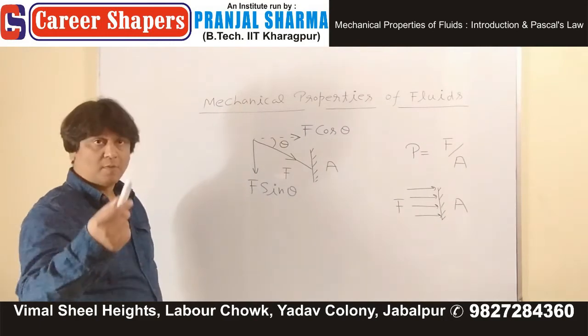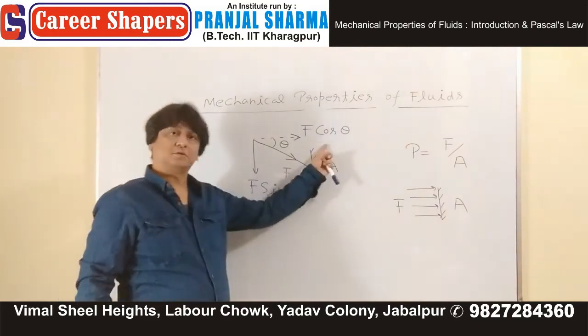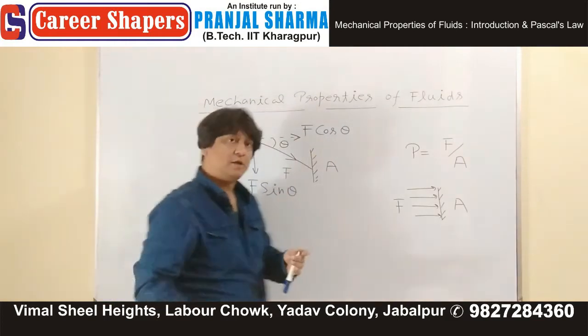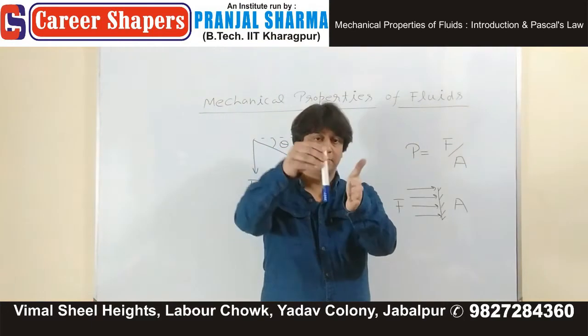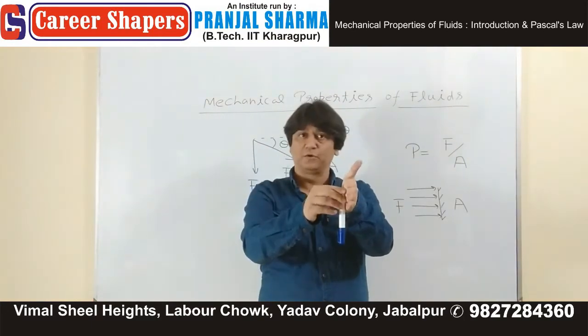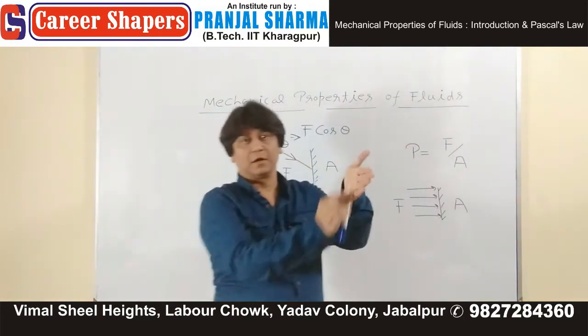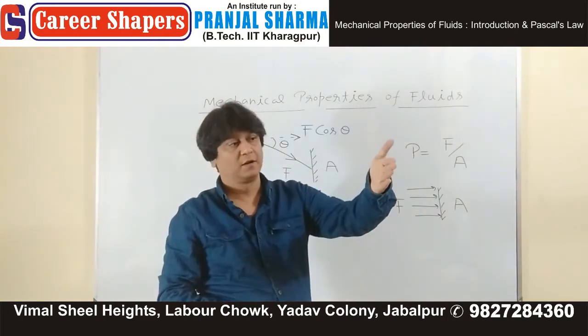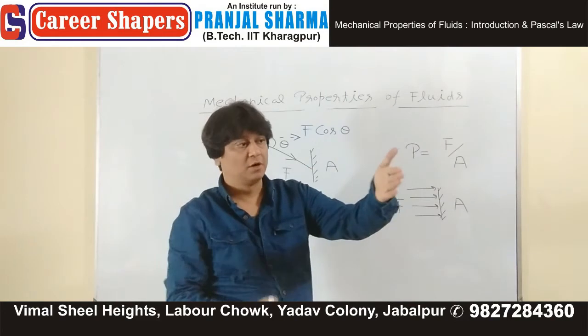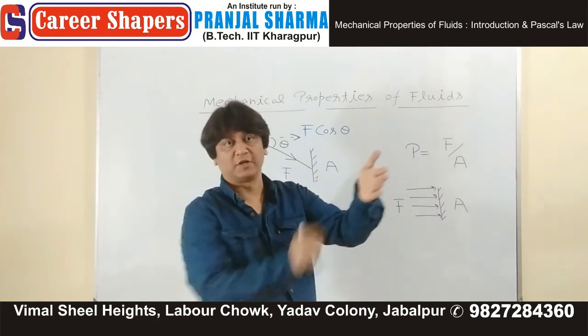And I hope everybody is writing F cos, because F sine is simply what? Tangential force. If this is a tangential force, then it's not going to produce any pressure on this particular surface.